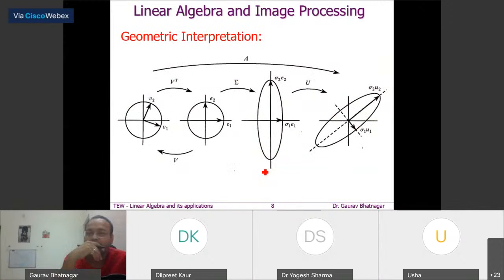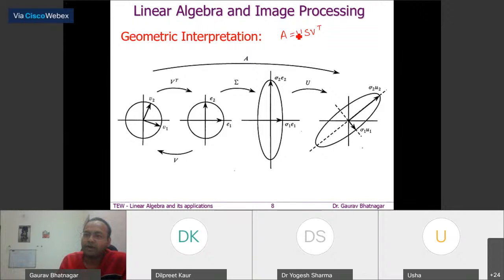But before getting into it, let me give you a very simple geometric interpretation of what is actually happening with this factorization. I know that if A is a matrix, it has to be factored as U S V transpose. Fair enough. I will assume that the singular value decomposition exists for this A, and I am going to represent it geometrically.